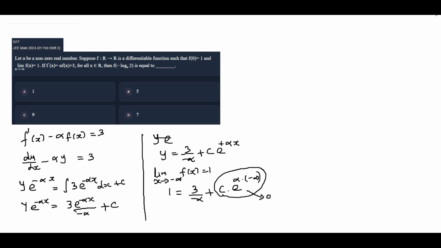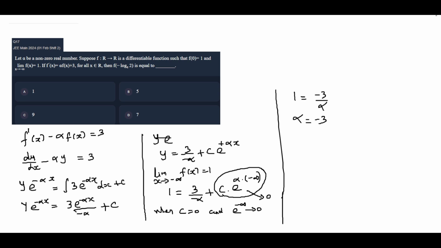only when c equal to 0 and e power minus infinity is also 0, but it depends on alpha value. Suppose it will be 0 means 1 equal to minus 3 by alpha, so alpha equal to minus 3.